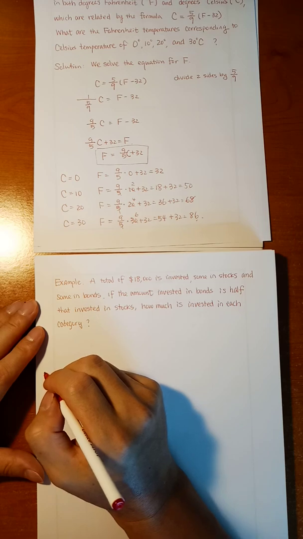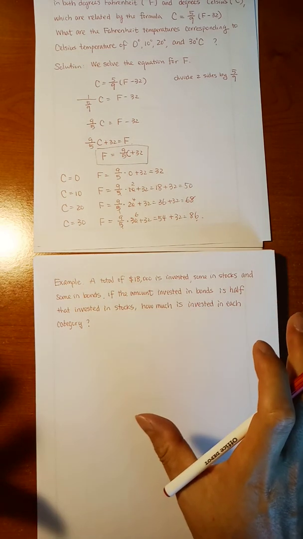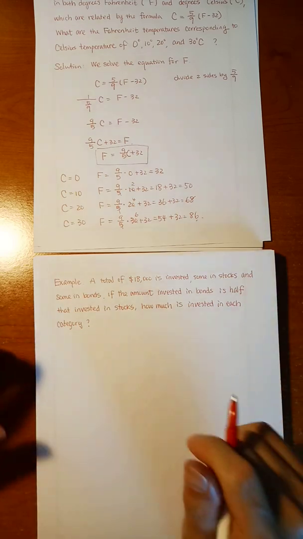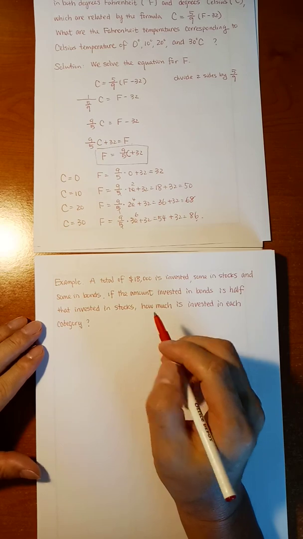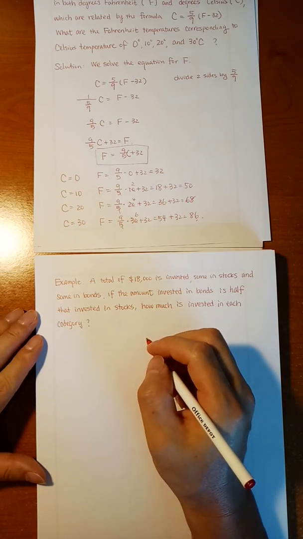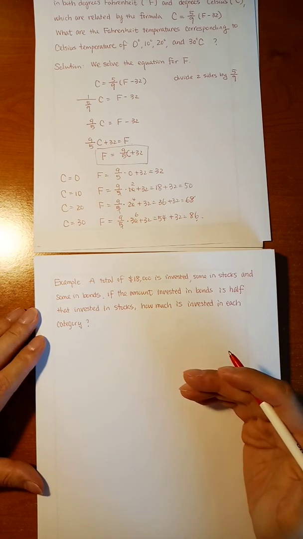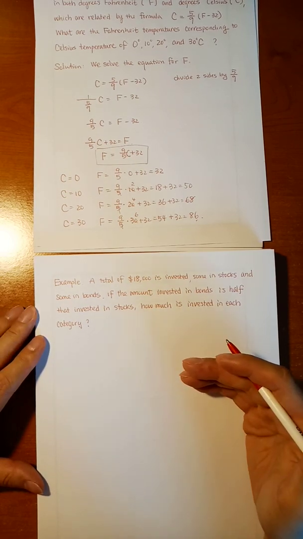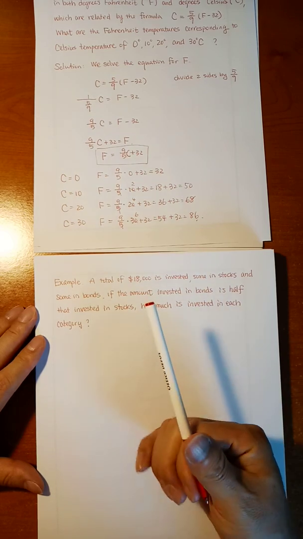Okay, we are looking for the amount of money in two investments, and the total, the sum of them, is 18,000. So how do we solve that? We're going to name the variable and try to solve for it.